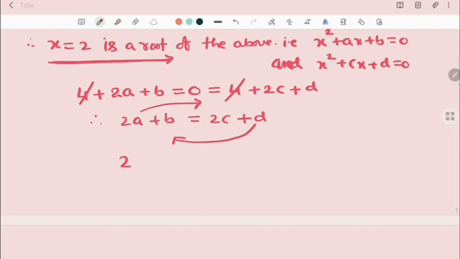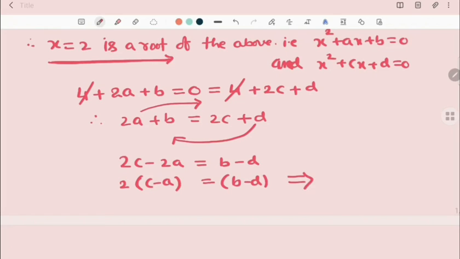So 2c minus 2a is equal to b minus d. I hope everyone understands. Taking common, c minus a is equal to b minus d.